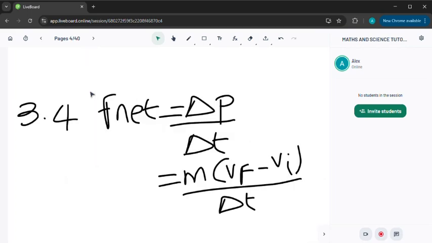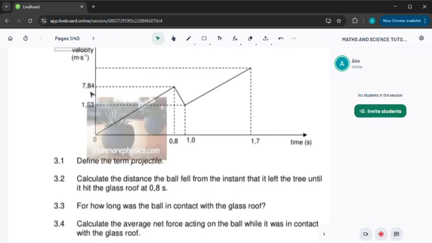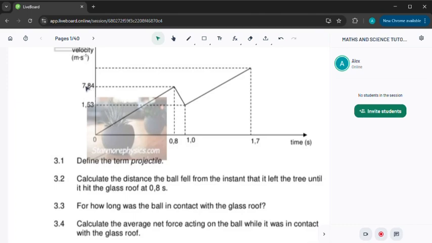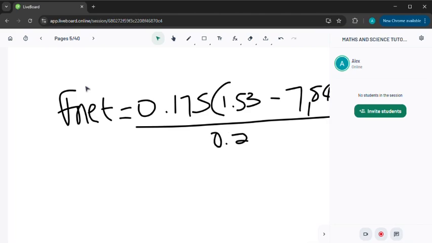So let's substitute that. F net is equal to the mass, which is 0.175, into Vf minus Vi, where Vf is 1.53 minus our initial velocity, which is 7.84, divided by the time in which the ball was in contact with the ground, which we calculated to be 0.2.